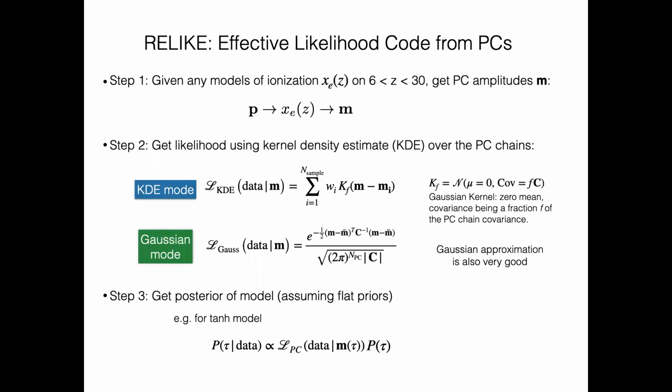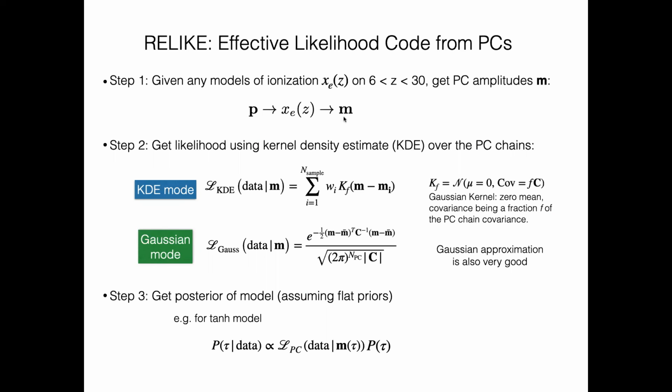Oh, okay. Yeah, so the main goal of this talk was to tell you about this effective likelihood code, which we have built together using these PC constraints. If you're interested in doing model testing, this is how you would do it. You have a particular physical model of ionization xe of z on this redshift range.